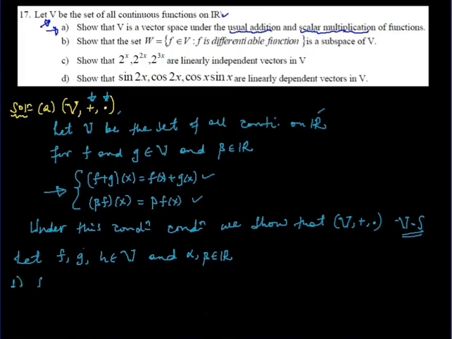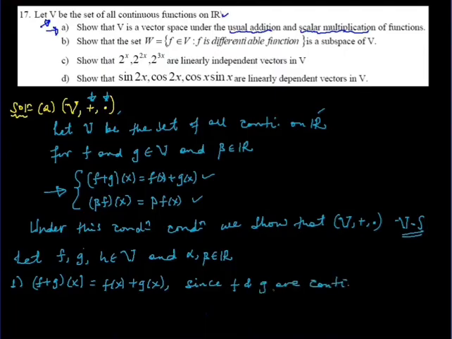So (f plus g) at x is f of x plus g of x. Since f and g are elements of V, that means f and g are continuous. Obviously the sum of the two is also continuous, so f plus g is also continuous.